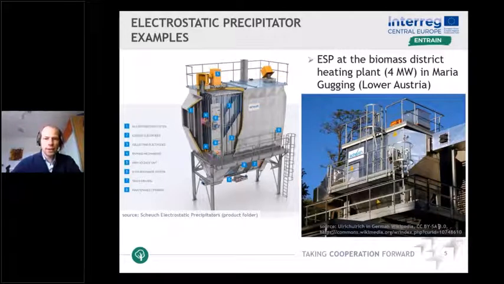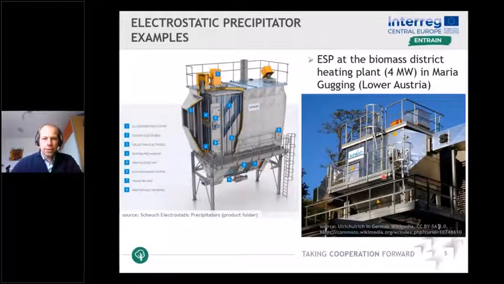All the housing of the ESP and the collecting plates are electrically grounded, so in principle it's safe to touch it from the outside, let's say. Only the ionizing electrodes themselves carry the high electric voltage and therefore have to be well insulated from the environment. As you can see here on the top, the yellow part is the electrical insulation of the high voltage part.